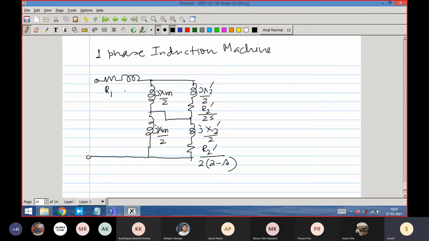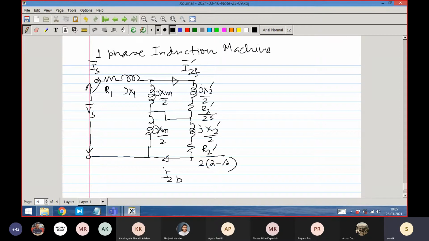This is R1, jX1. This current may be called Is. This voltage may be considered to be Vs. There are two machines essentially. That's why you have to have two rotor current variables. Two forward, and this one I will call I2 backward.